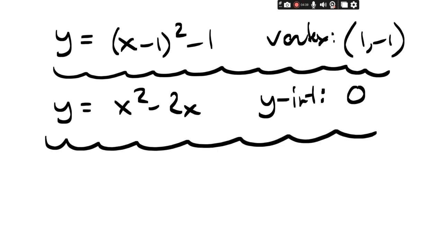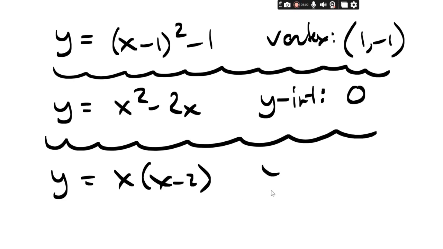And then what we want to do is figure out what the x-intercepts are. And so notice we can factor this form out. Is that right? x goes on the outside, x minus 2 on the inside. And notice what the zeros for y are. If y is equal to 0, that means x is 0 and x is 2. Based upon those points, we have x-intercepts. There's two of them, 0 and 2.